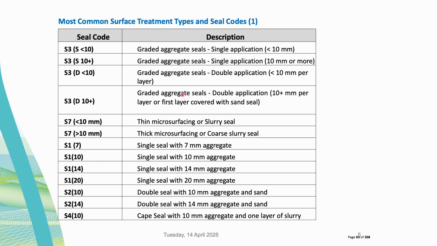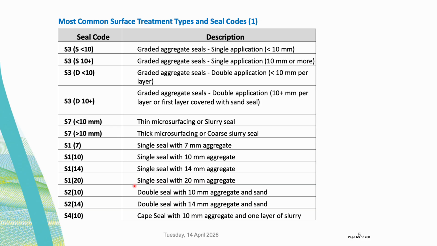S3 is graded aggregate seals, that group. S7, smaller and larger than 10 millimeter, is the microsurfacing or slurry seals, or coarse slurry seals, because this one is larger than 10. And then we've got the S single seal group from 7 millimeter, 10, 14, 20 millimeter, which is the single seals.